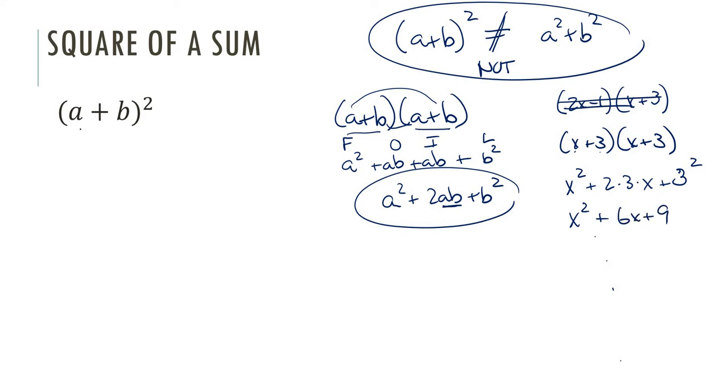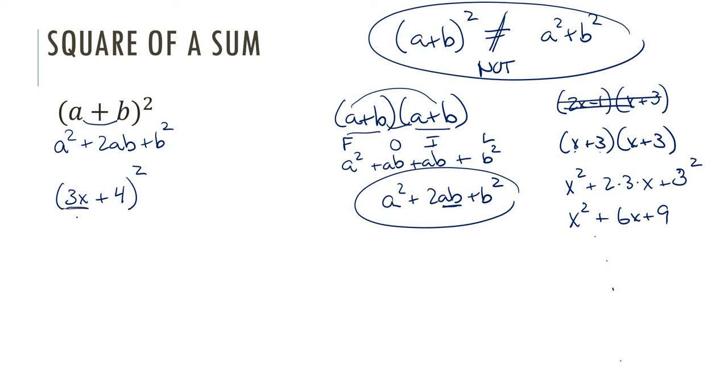Let's look at that over here again. Without writing them side by side, my pattern says take the first term and square it, multiply these together and multiply by 2, and then square the last term. So let's do another one using the pattern instead of using FOIL. So let's see, (3x plus 4) squared.